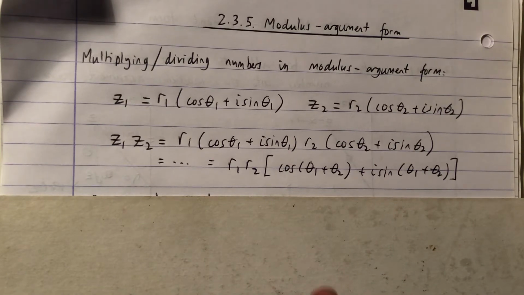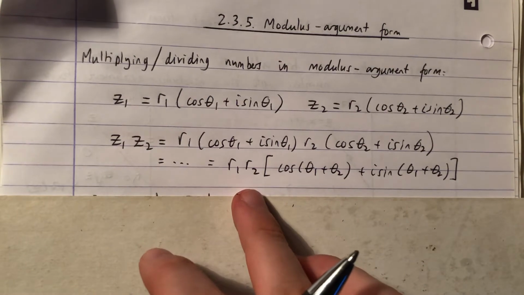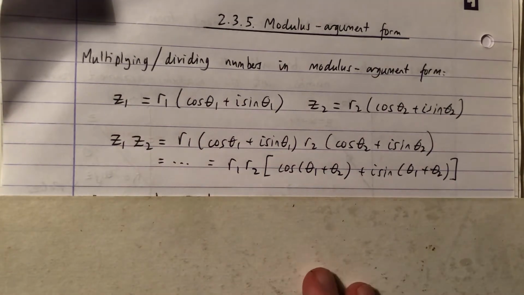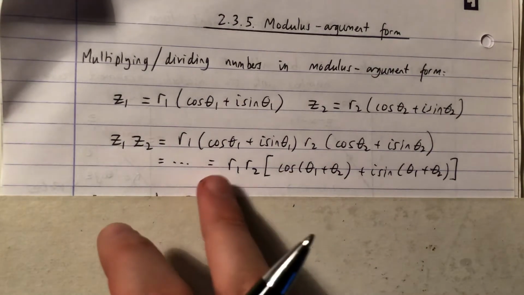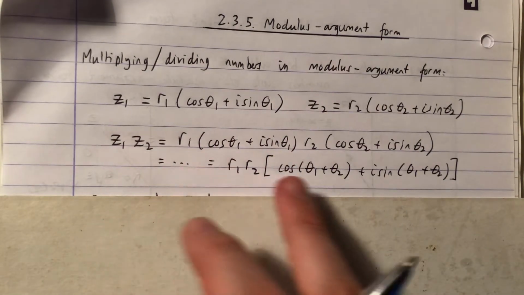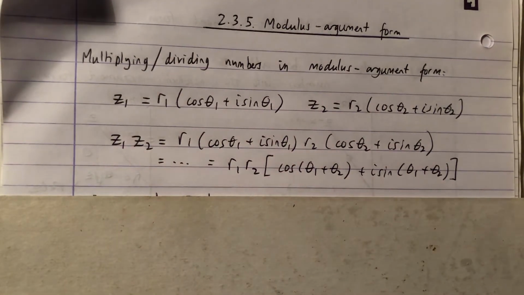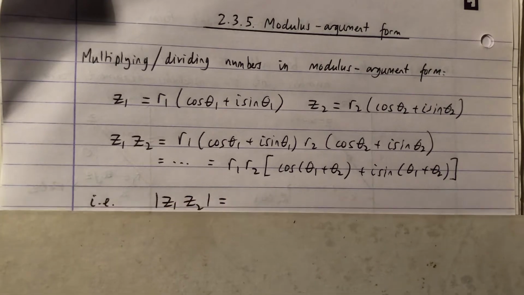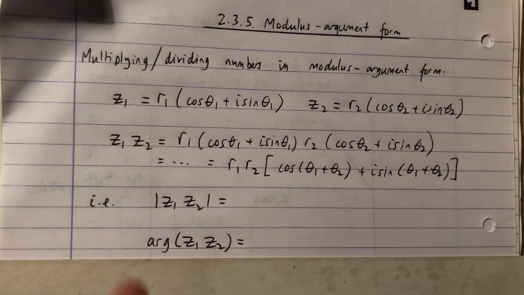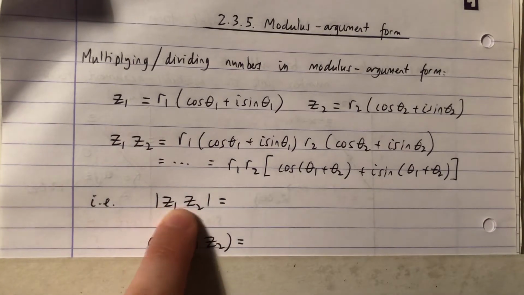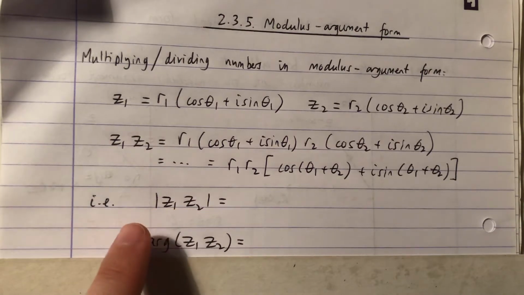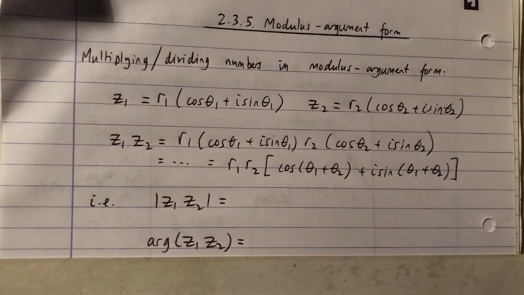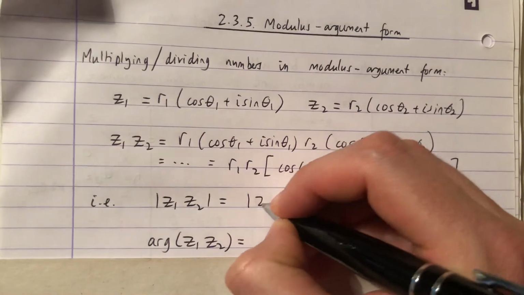Now what we've been left with is again a complex number in modulus argument form. The modulus is the bit at the front and the argument is the angle. So what is actually happening when you take the product of two complex numbers, you can work out the modulus if you just times them together.